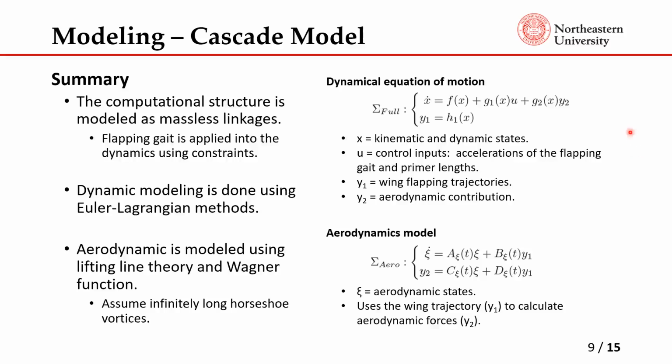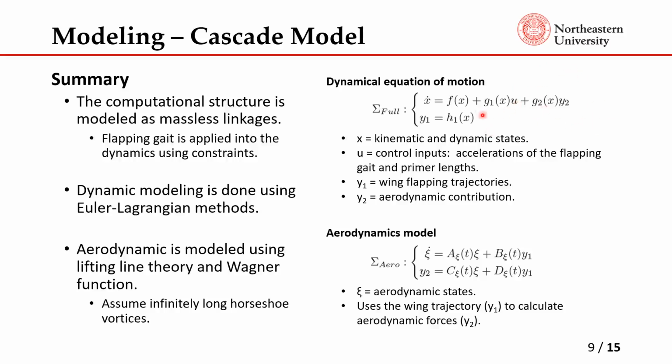So the inputs to the dynamic states are twofold. One is the control inputs, which are the acceleration of the flapping, sorry, how fast the flapping period is, the flapping gait rate basically, and the primer length itself. And Y2 is the aerodynamic forces.